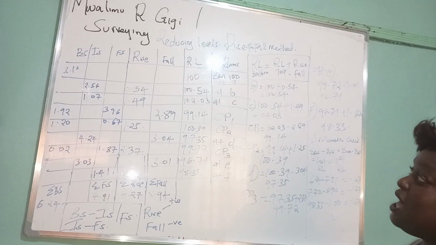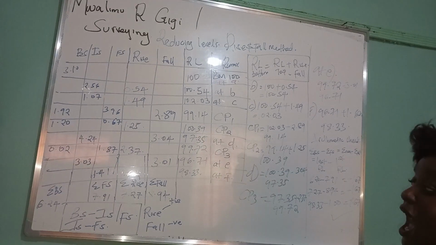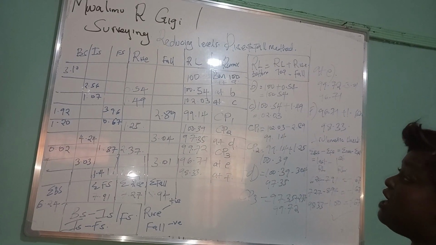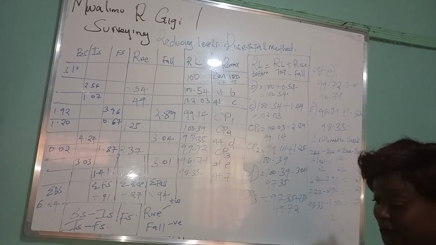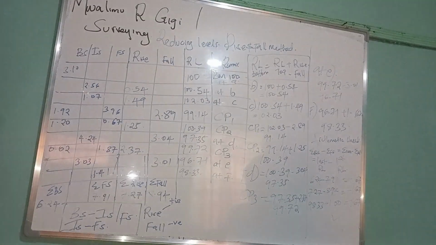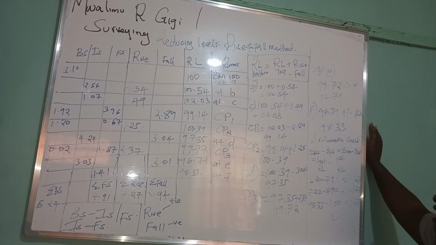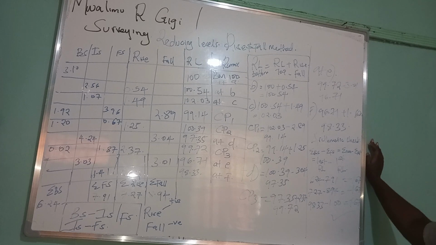So can we use this data and use the height of collimation method to reduce the levels, and then perform the arithmetic checks. For the rise and fall method, the arithmetic check is the sum of backsight minus the sum of foresight, which equals the sum of rise minus the sum of fall, which equals the last reduced reading minus the first reduced reading.